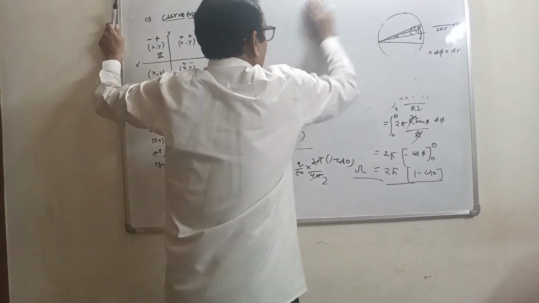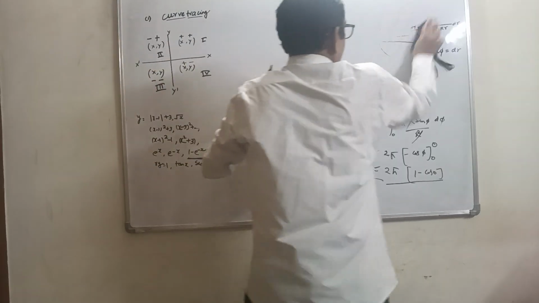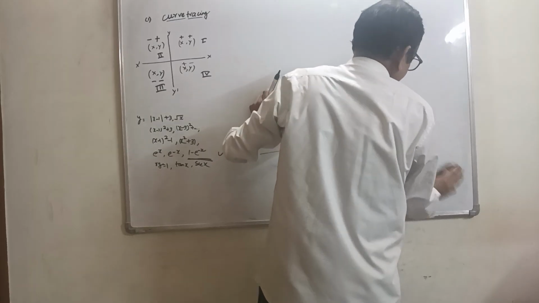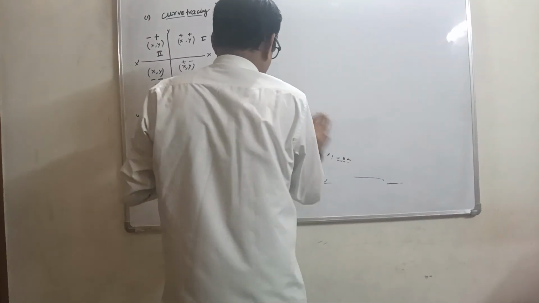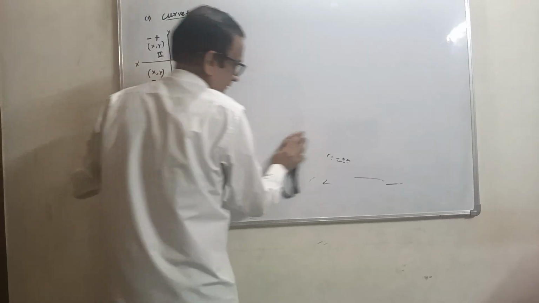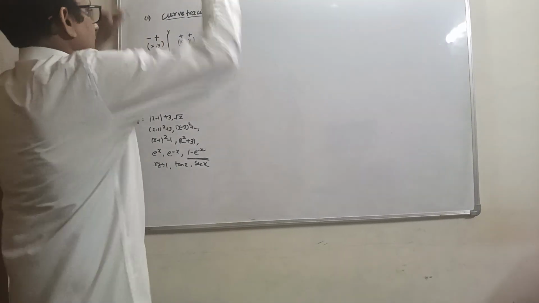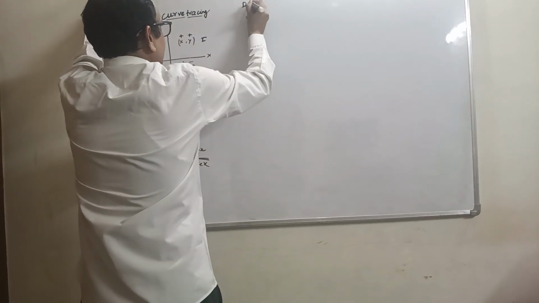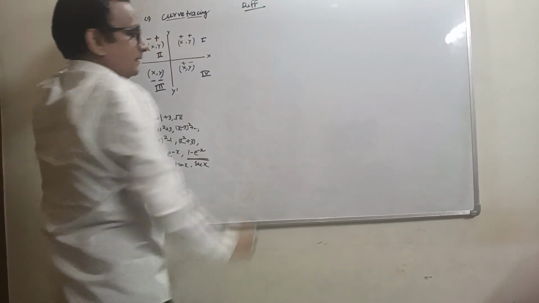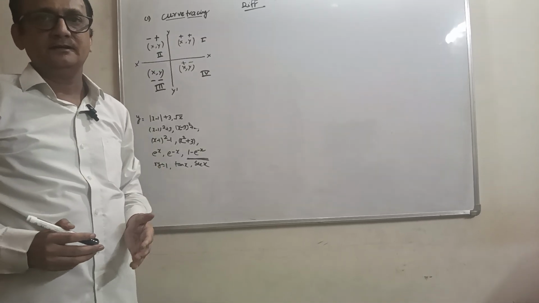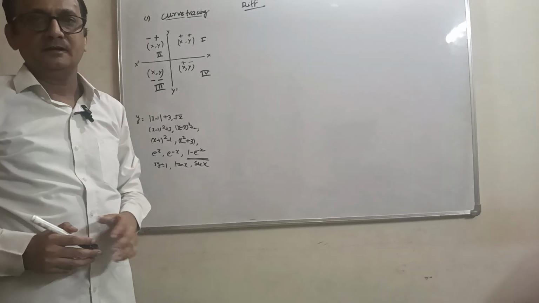So this is the concept of solid angle, and this is very essential to know how we apply the concept of solid angle. Now we discuss differentiation and integration. What is differentiation, or what is integration? Differentiation is the derivative of a function.